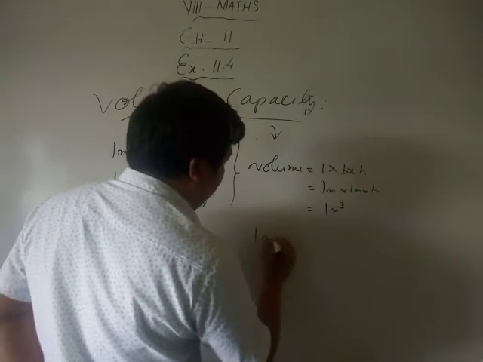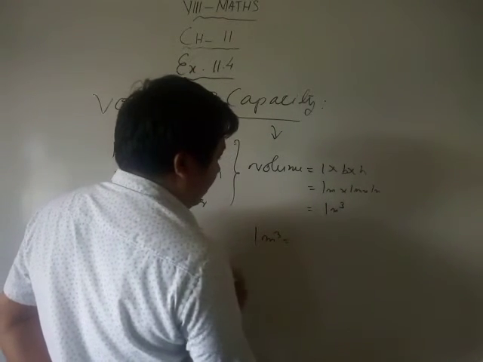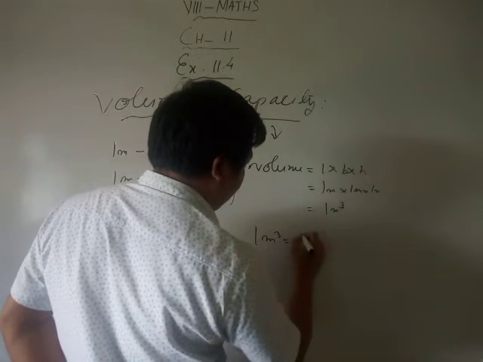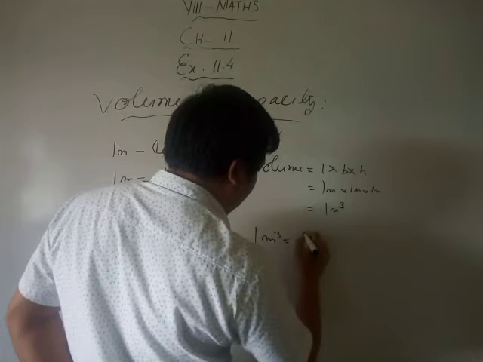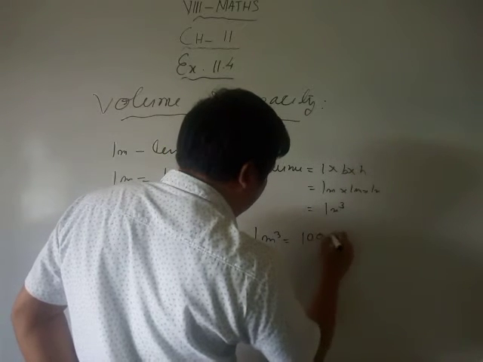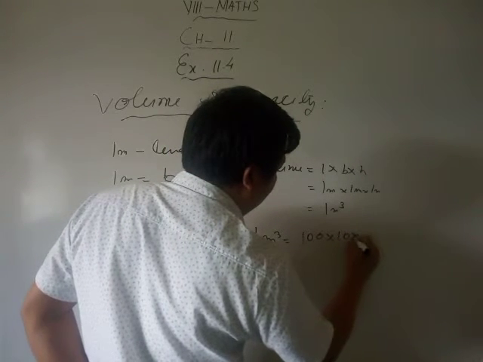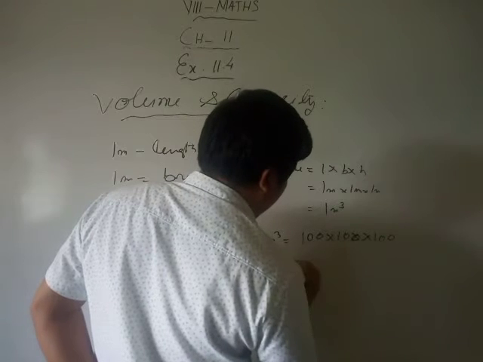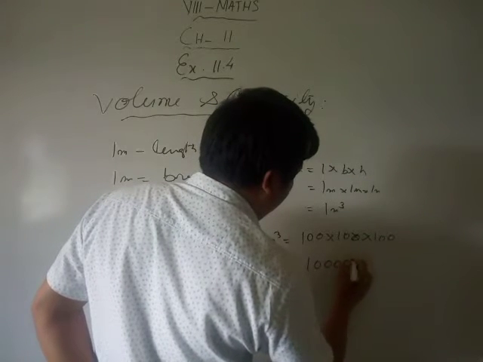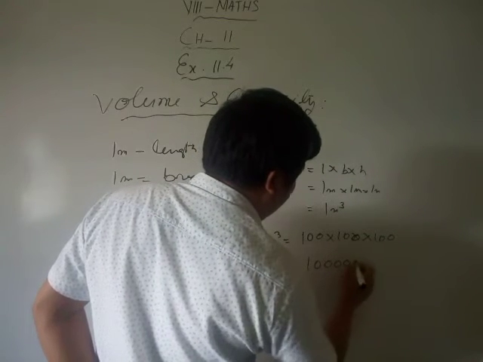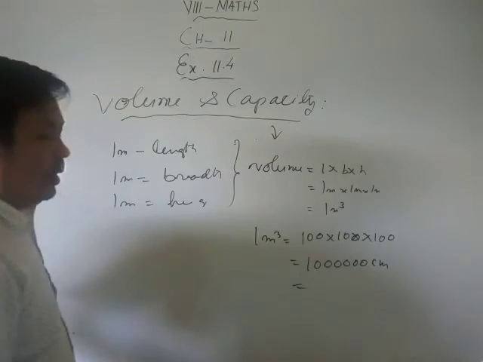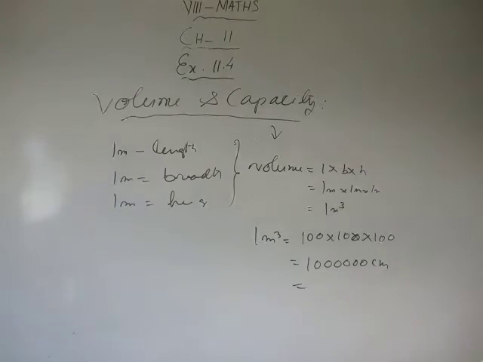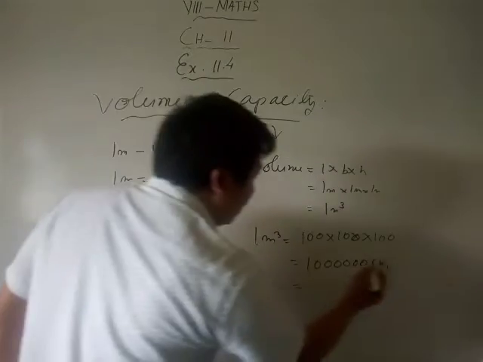So 1 meter cube, if we convert into centimeter, it becomes 100 into 100 into 100 centimeter cube.